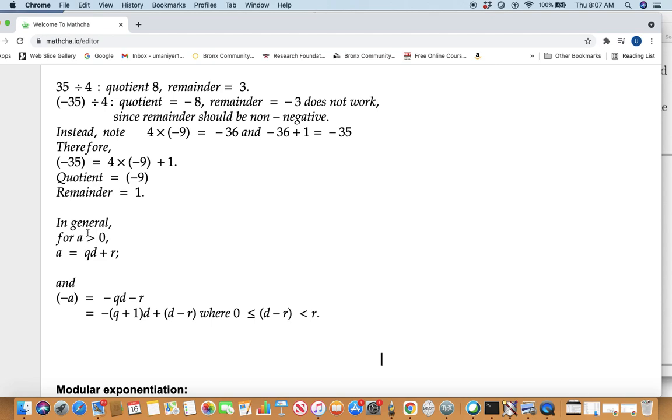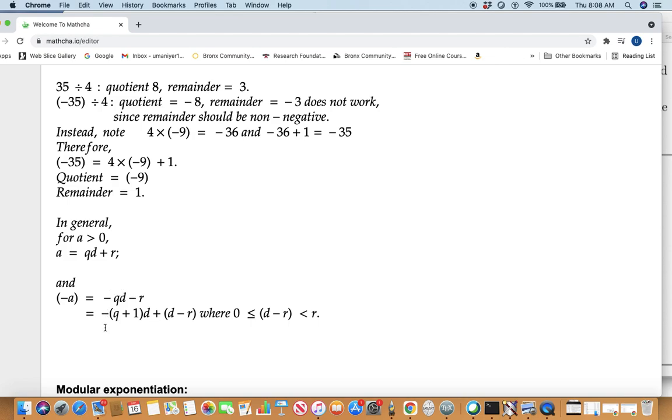So in general, for a dividend which is positive, you know how the division algorithm works. A equals QD plus R. D is your divisor, Q is your quotient, R is your remainder. But when I take negative A, I get negative QD minus R, which is not okay. So I go a little more to the left.